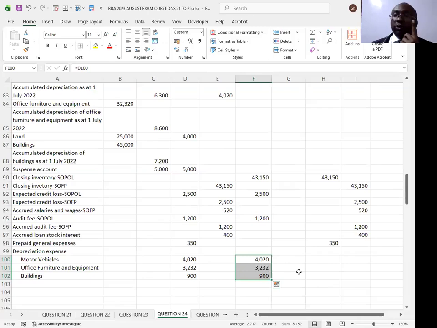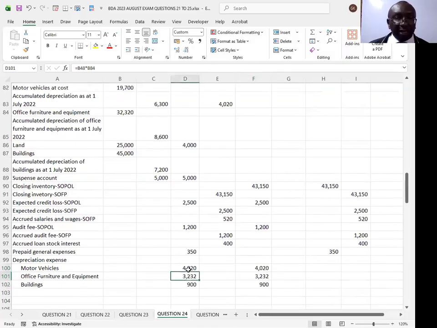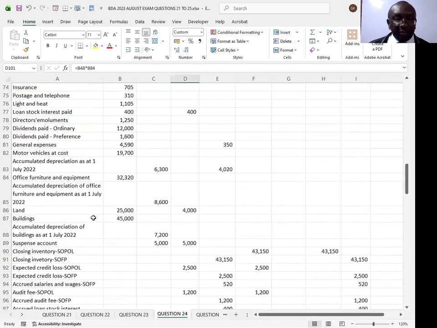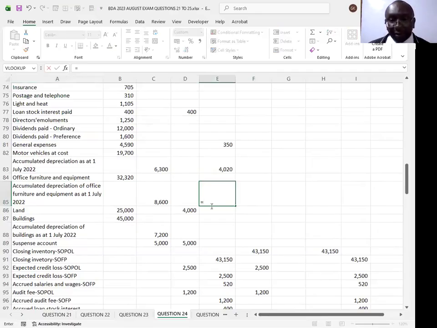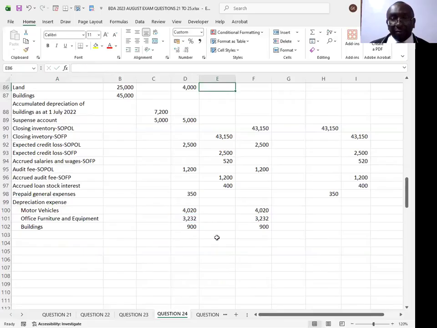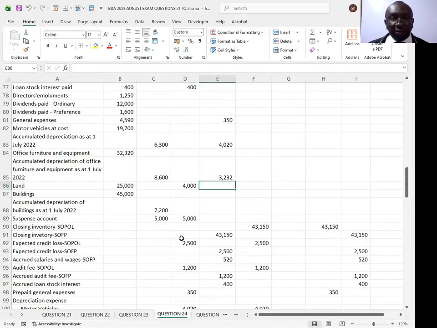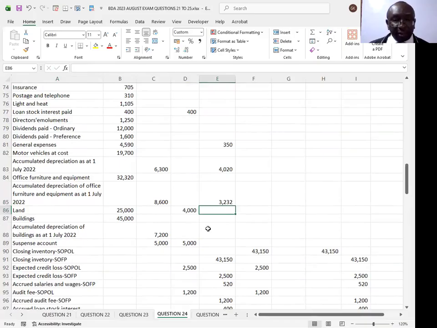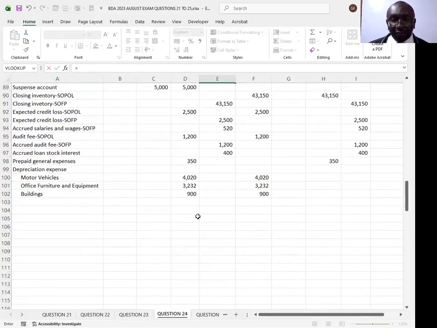Then they should go to increase the accumulated. So twende kwa accumulated ya furniture. Accumulated depreciation for furniture ndio hii. So we need to credit it. Equals, you take this. Then buildings, the same. They are accumulated here. Equals.